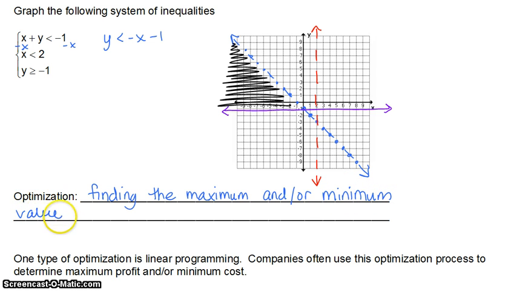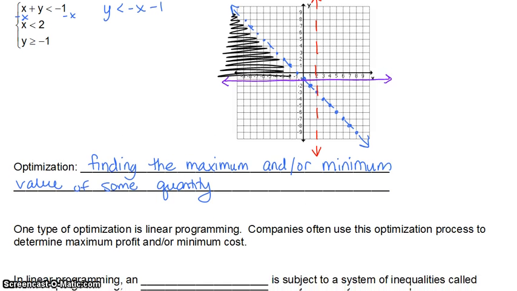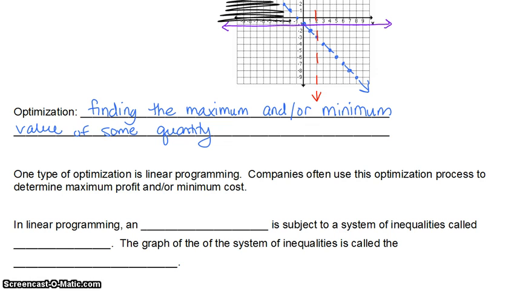And as I just said, one type of optimization is linear programming. Linear programming is all what 3.4 is about, and companies use this kind of optimization process to determine what their max profit could be or what their minimum cost should be. Because we know in companies, it's all about the money. You want to maximize your profit and you want to minimize the cost that you are sending out.